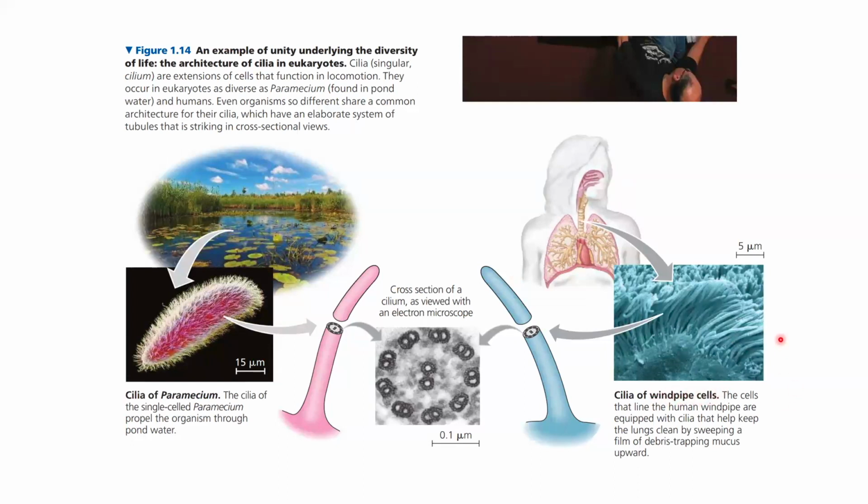The cells that line the human windpipe are equipped with cilia that help keep the lungs clean by sweeping a film of debris-trapping mucus upward. So in the paramecium, it's used for locomotion, but we have cilia used in a different way.